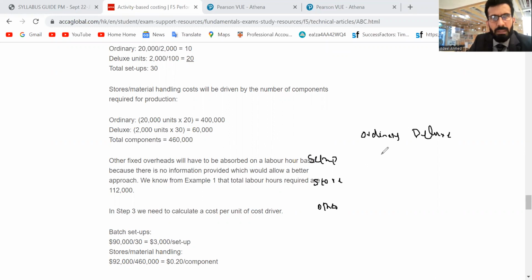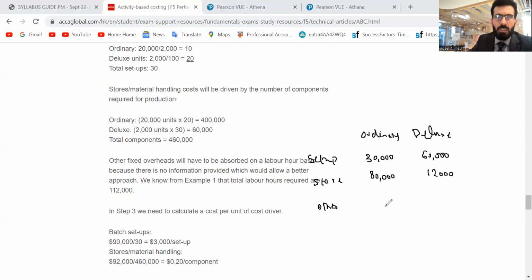So $3,000 per setup into 10 gives us 30,000, and for deluxe we have 20,000 setups, so it will give us 60,000. And for store, we have 0.2 per component, and the total number of components is 400,000. So I think what we are going to get is 80,000 for this one, and for 60,000 components, 60,000 into 0.2, we will get 12,000.